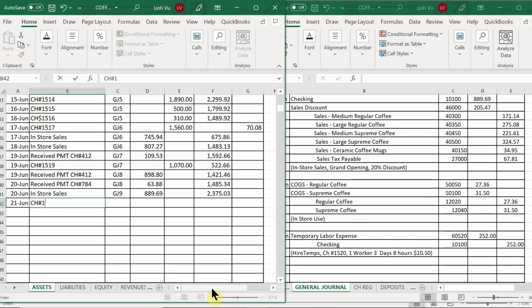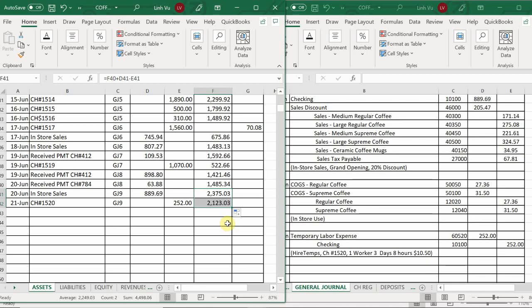Check number 1520. So we do 2,375.03 minus 252. So 2,123.03. Good.